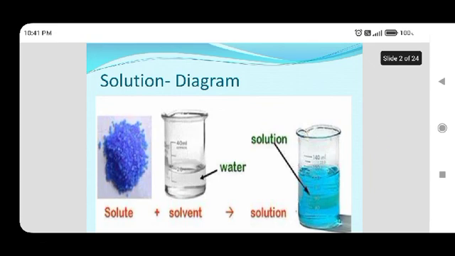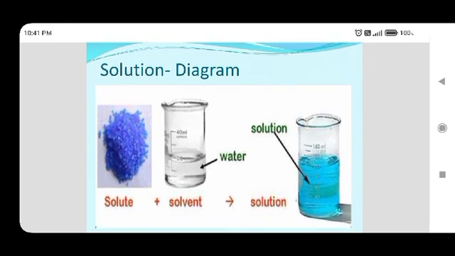So here we have a diagram which explains what is a solution. Here we have a solute which is initially a solid, and a solvent which is a liquid, mentioned here as water. When we mix the solute plus solvent, we get a uniform solution. The solute gets dissolved in the solvent.